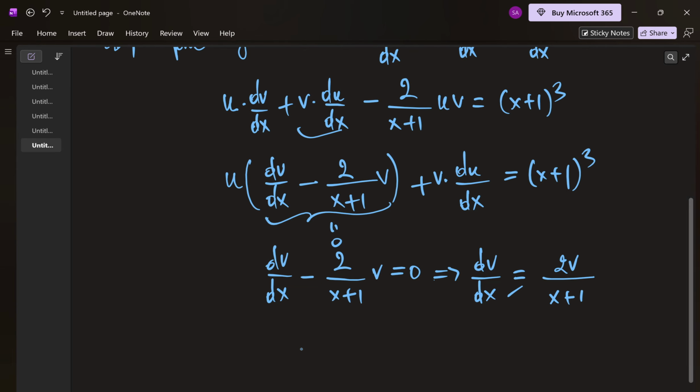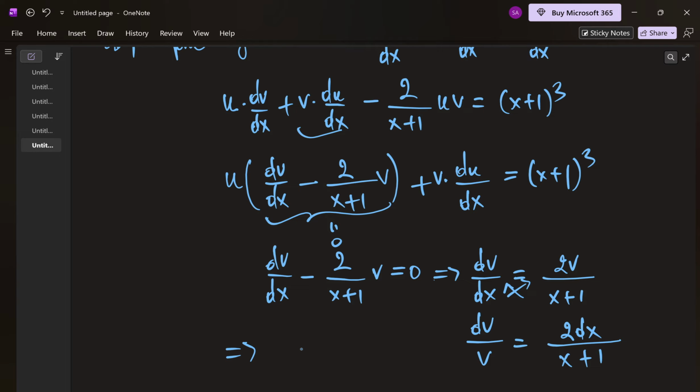Now you multiply by dx and divide by v, you will get that dv over v is equal to 2 dx over x plus 1.